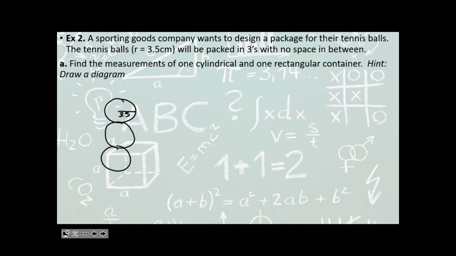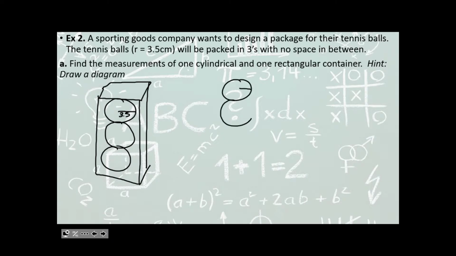And they're saying, if they all fit into a, let's say, rectangular prism, what would the dimensions be? Or if I take those same tennis balls, with the same radius, and put them into this cylindrical package, what would the dimensions of that package be?